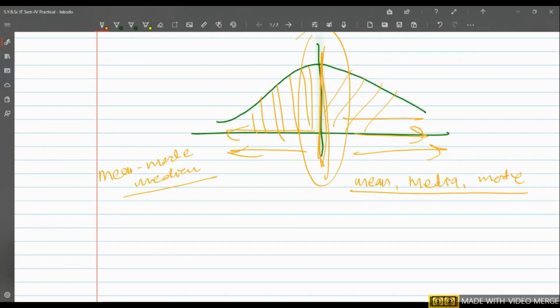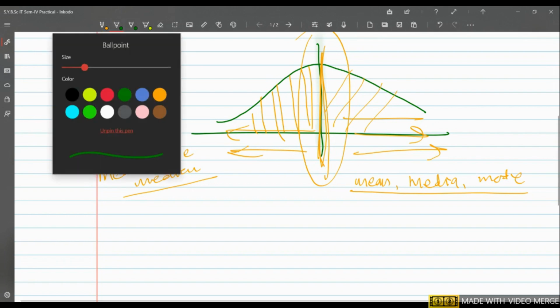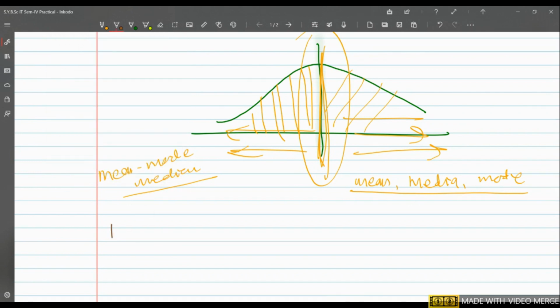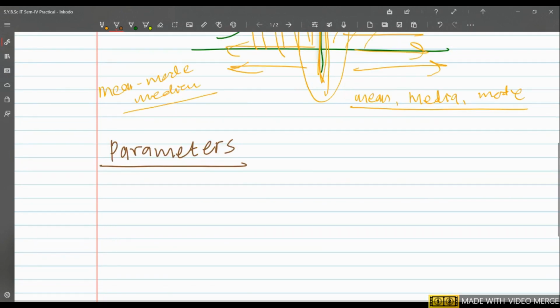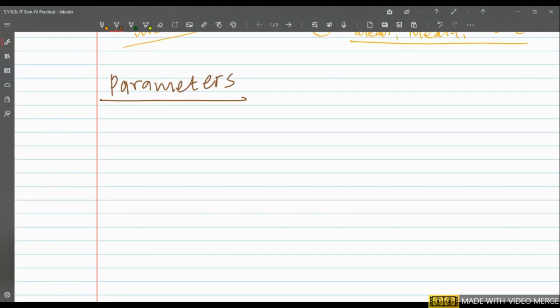So how are the normal distributions distributed, or what are the parameters that define the normal distribution? Let's start with the parameters of the normal distribution. These parameters define its shape and the probability of the normal distribution.